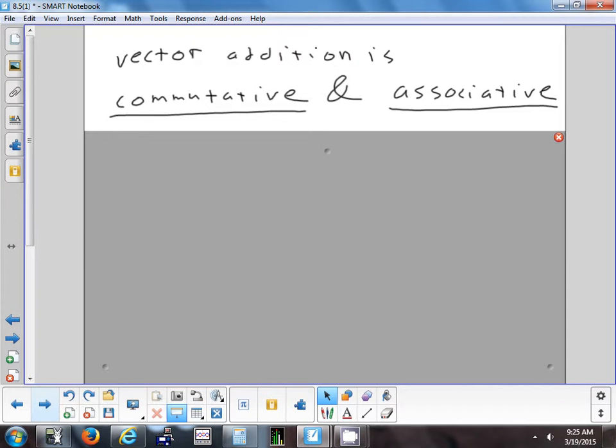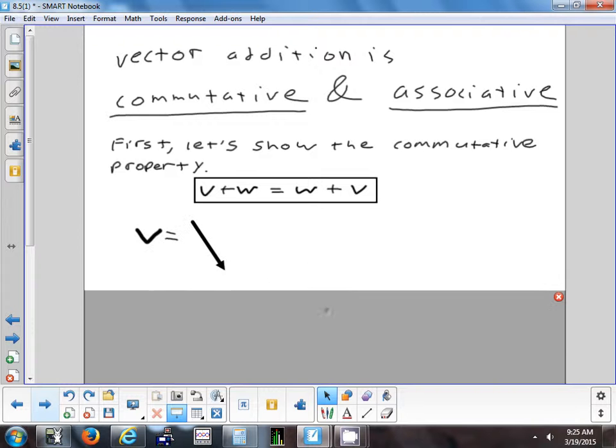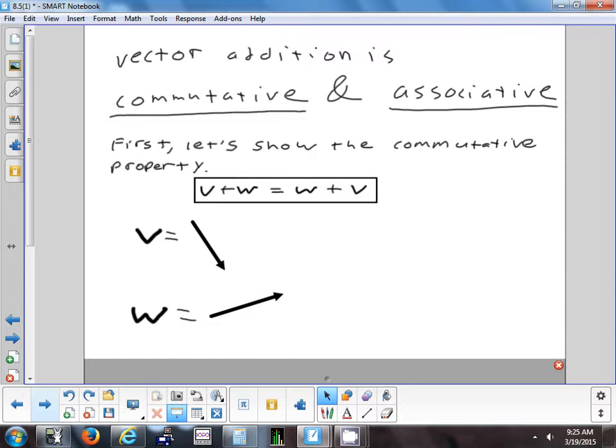Vector addition is both commutative and associative, which means if we add vectors together, we can change the order we do it, and it doesn't affect the final answer. To show that, let's take v plus w. Let's add them up. That's v. That's w.